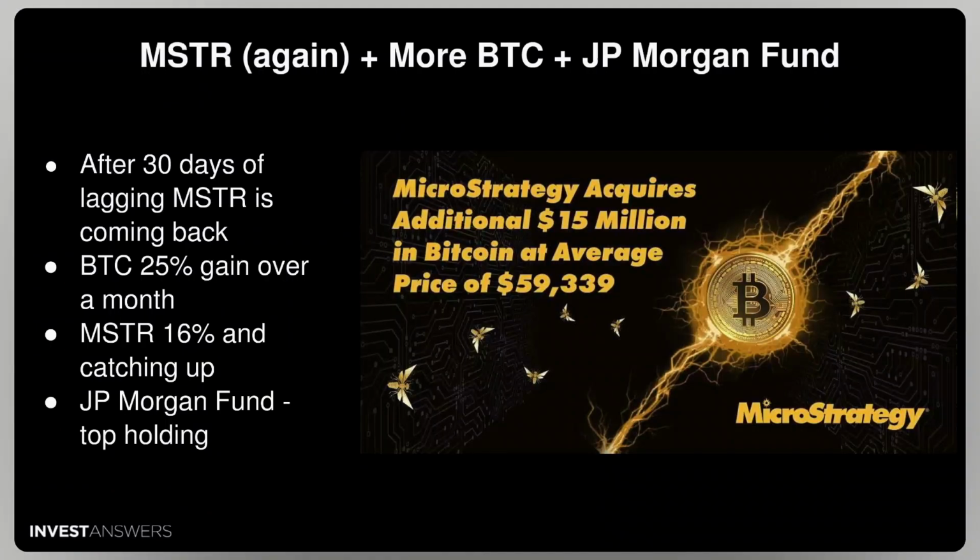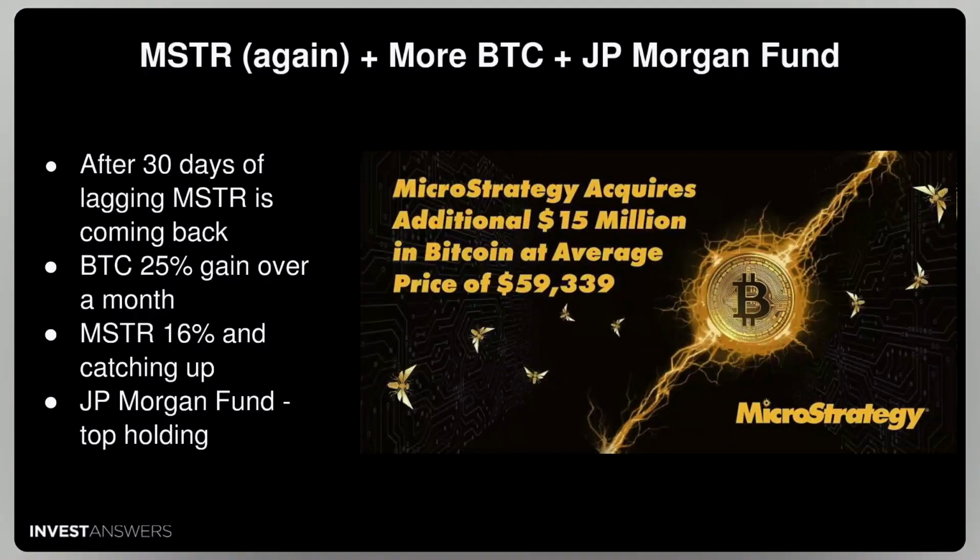So exactly a week ago, I posted a video on why I was very bullish on MicroStrategy again, also because the JP Morgan fund was embracing Bitcoin and building a crypto fund, and the biggest holding in that crypto fund is, of course, MicroStrategy, making up 20% of that fund. And I knew that would bring a lot of buying over the coming weeks.